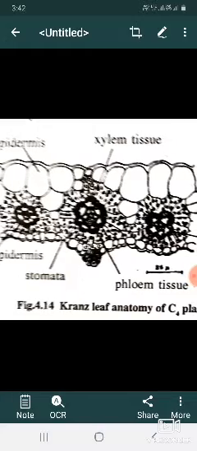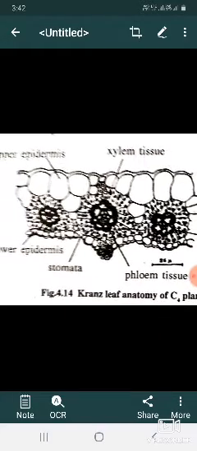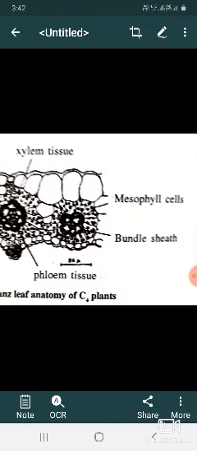The bundle sheath resembles a flower wreath. It is called Kranz anatomy, German for flower wreath. The chloroplasts of mesophyll and bundle sheath differ in structure and function.